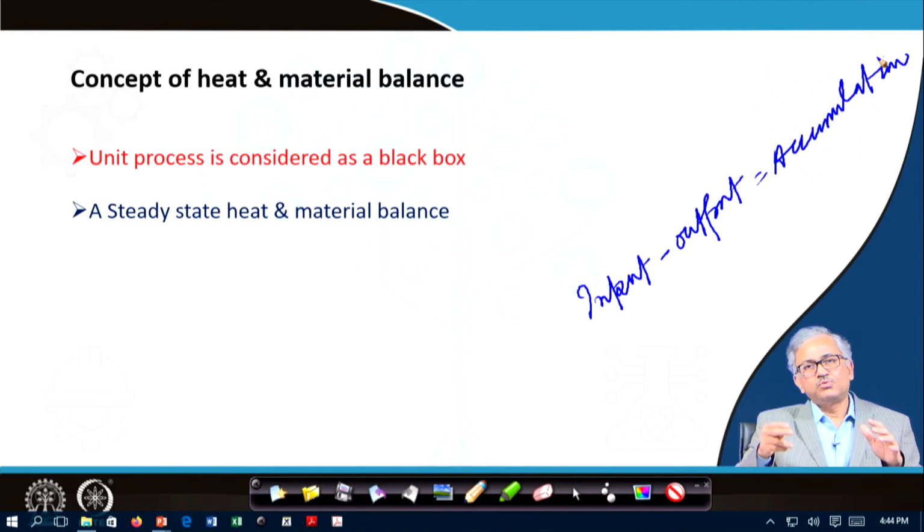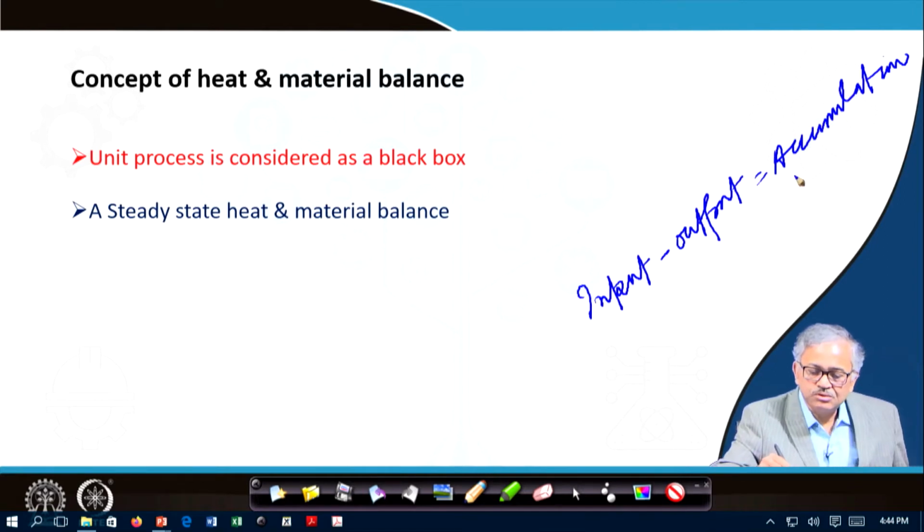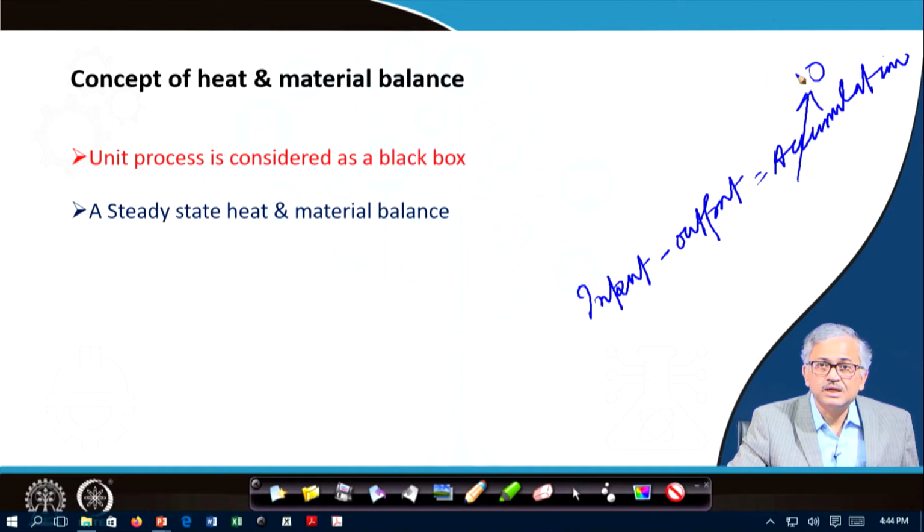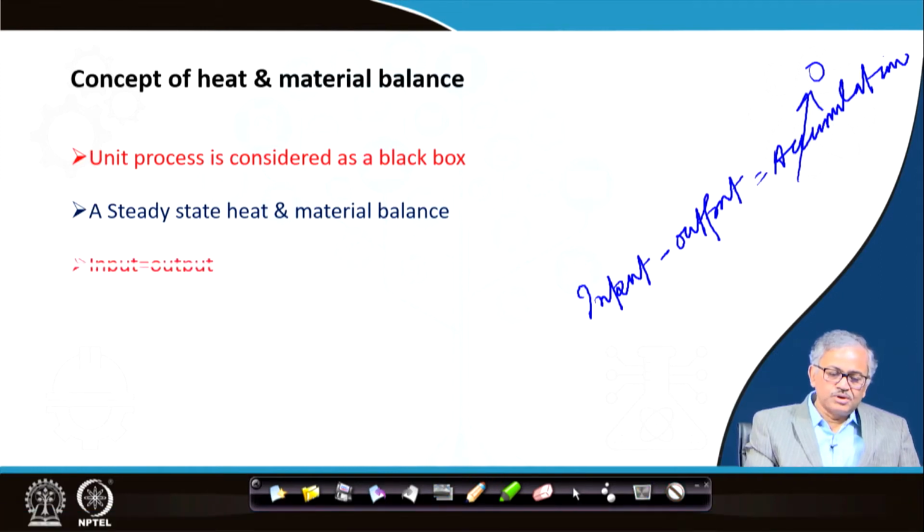So input minus output equal to accumulation is basically a transient state. When the accumulation is 0, input becomes equal to output, that is under steady state. We basically deal with that state only, where input is equal to output.